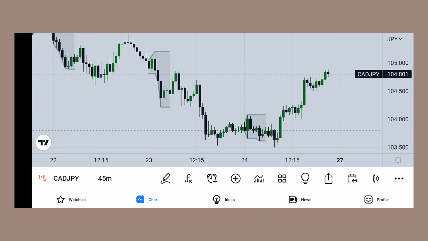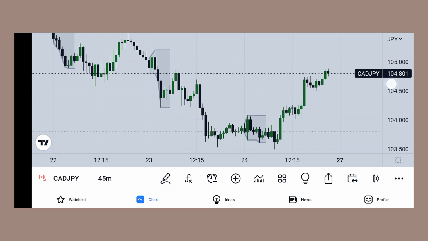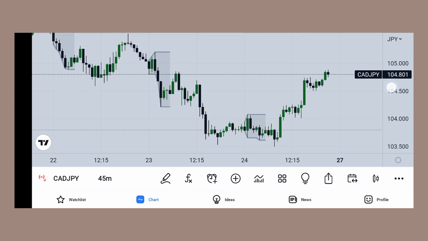Believe me, it doesn't just happen every time, but when it happens, then you can be confident that yes, price will surely get there and price is going here. Like I said, it works everywhere. It's not just limited to Canadian dollar versus Japanese yen.